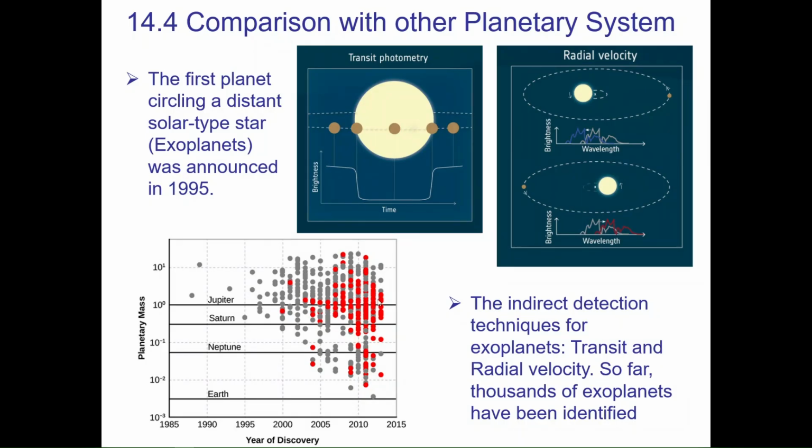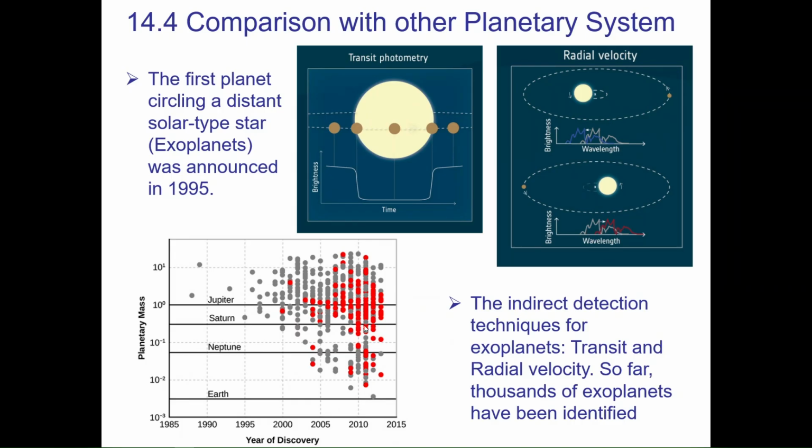You can see the majority of exoplanets we identify are big, right? It is not hard to imagine, because the bigger or heavier the planet, the easier it is for us to observe the decrease of brightness, or to detect the Doppler shift of the star, because it can influence the star more than smaller or lighter planets. So you can see the majority of planets we observe are similar in size to or even larger than Jupiter.